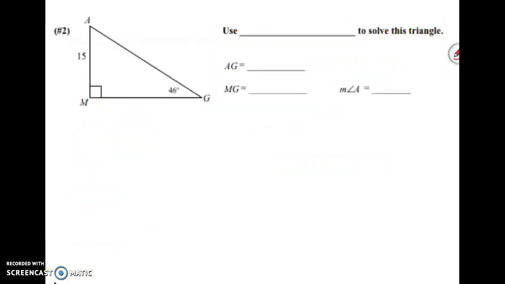For the second example, we want to use SOH CAH TOA to solve this triangle. So first, we have a triangle AMG.